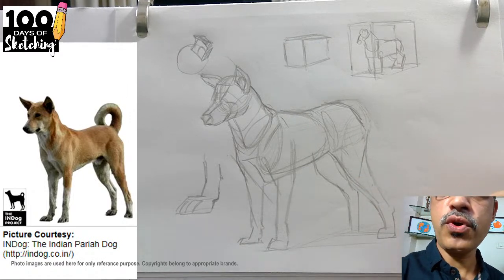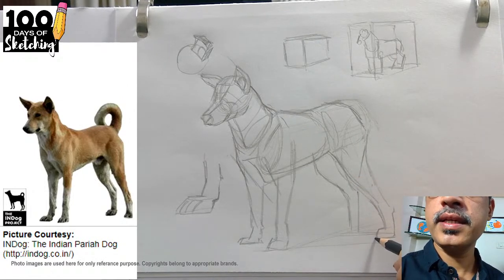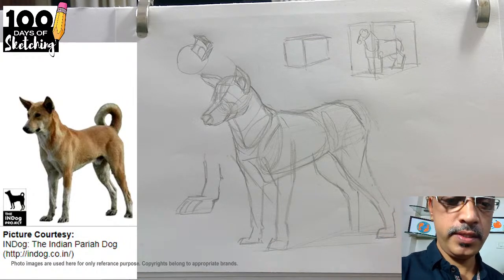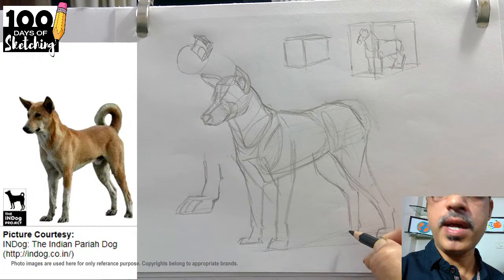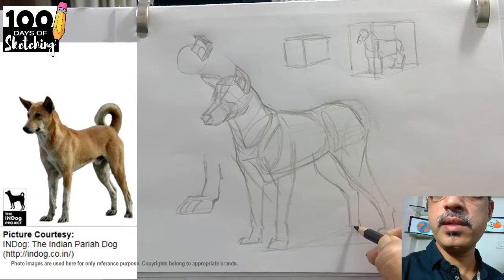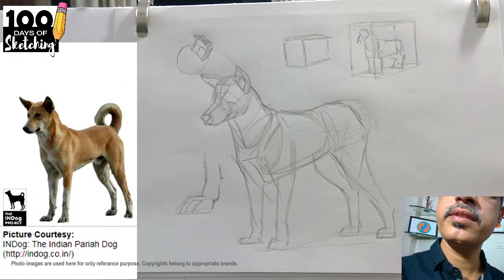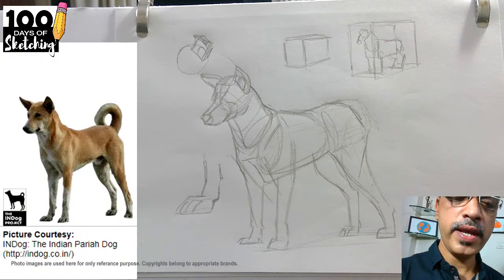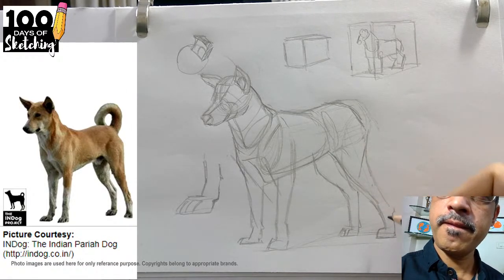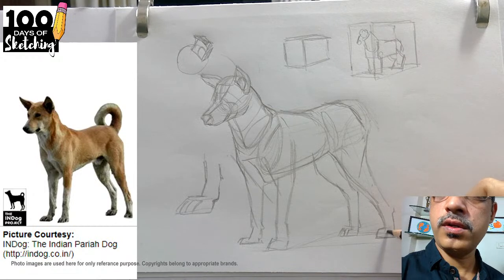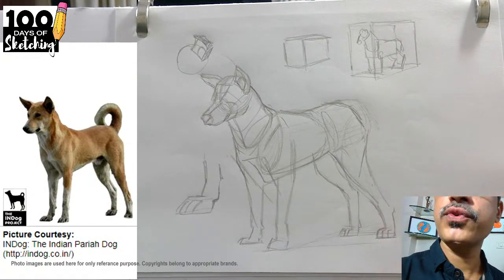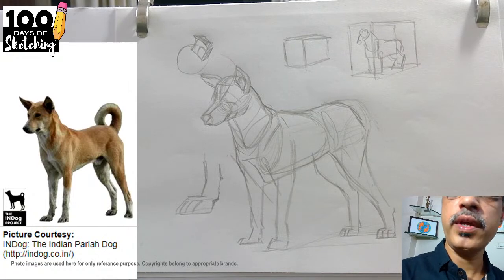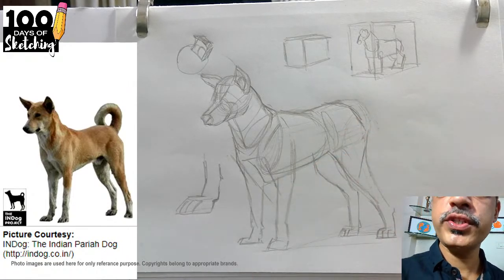You can see the smallest of details. Keep observing, keep asking questions to yourself, like where are these lines going, what is the direction, is there a negative space that I'm following right. If you constantly ask yourself all these questions, then you can do a good observation.